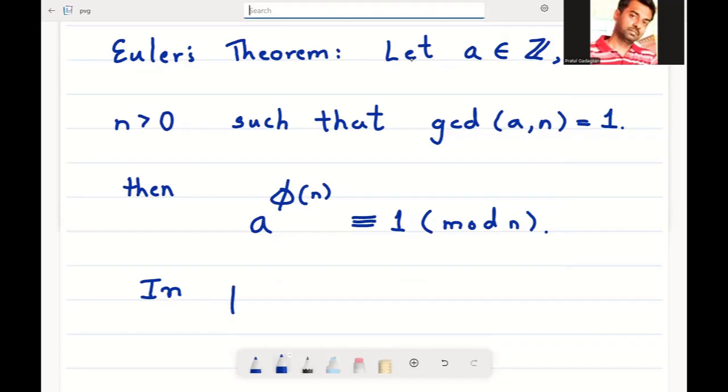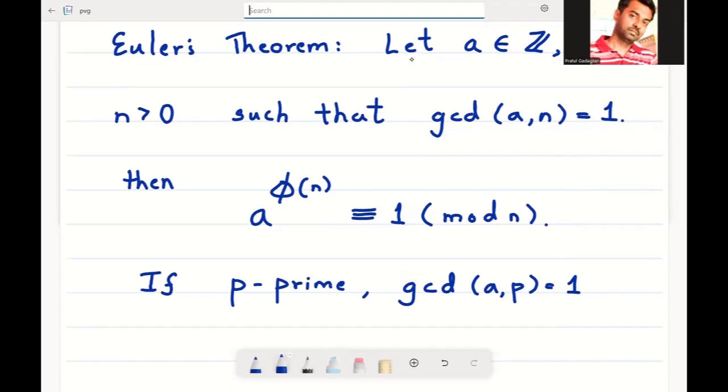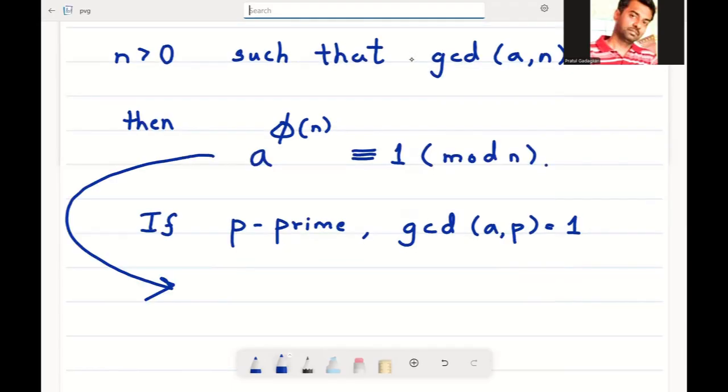if I take p to be a prime number, and I take a such that the GCD of a and p is 1, how will Euler's theorem start looking? It will look like a raised to phi of p is congruent to 1 modulo p, where the place of n is now taken by the prime number p.